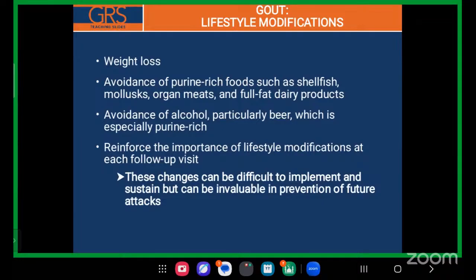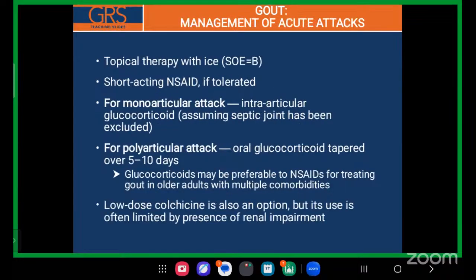preventing future attacks. Okay, so for the management of acute attacks, first of all, we should relieve the pain of the patient: topical therapy with ice, short-acting nonsteroidals if tolerated, and there are no peptic ulcers or GI upset. For monoarticular attacks, intra-articular glucocorticoids, assuming that septic arthritis has been excluded.